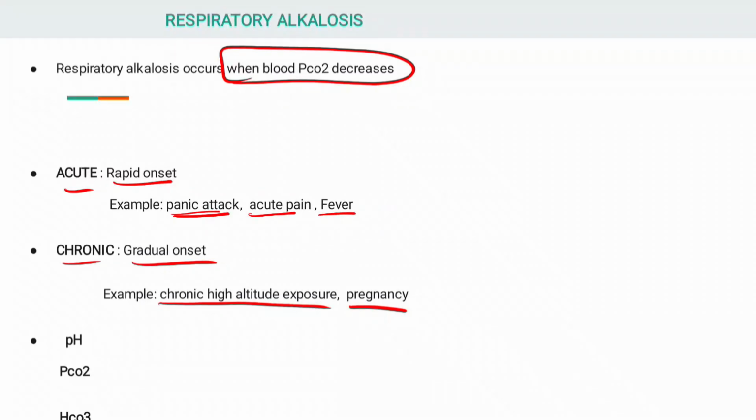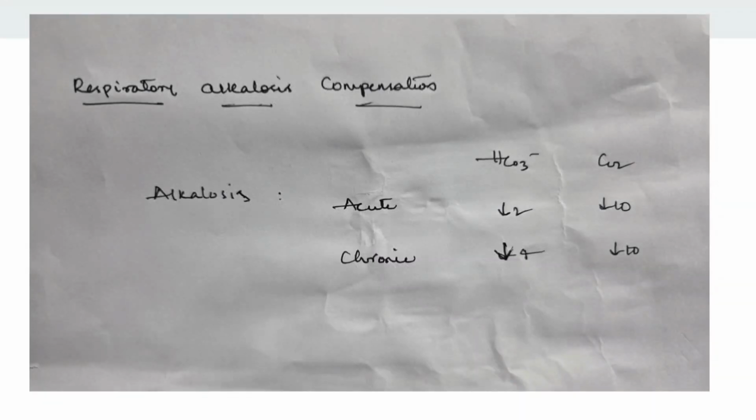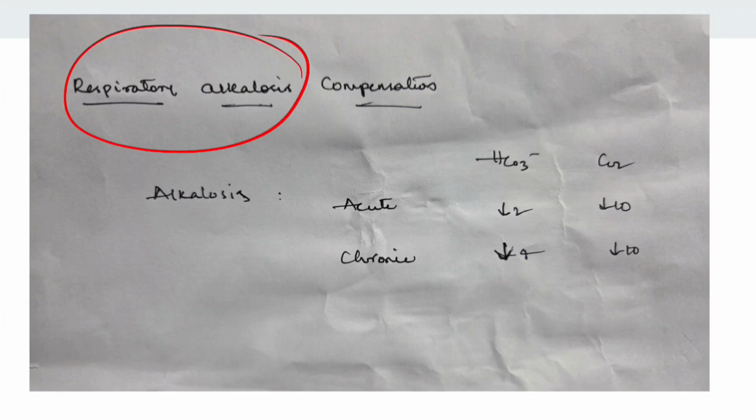What will be the ABG picture in respiratory alkalosis? As it is alkalosis, the pH will obviously rise, and as it is respiratory alkalosis, the PCO2 will be decreased. To compensate, the bicarbonate will be decreased to make it acidic. What is the metabolic compensation for respiratory alkalosis?